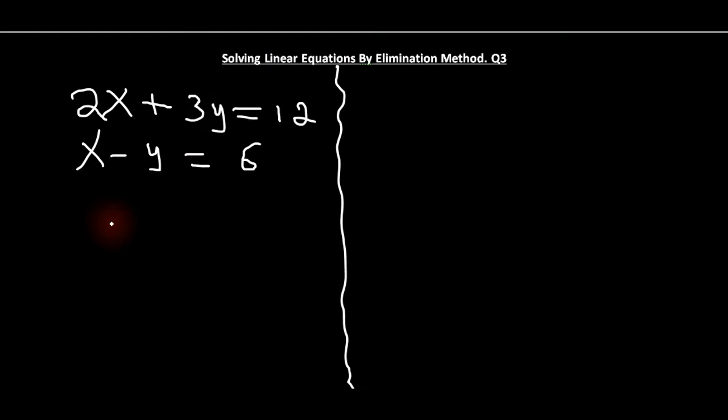Looking at this equation, we are going to realize that neither of the coefficients of x or y is the same. So we cannot directly solve this kind of equation by simply adding directly. So in this case, what we are going to do is to either select y or x and multiply this equation by their coefficient in reverse direction.